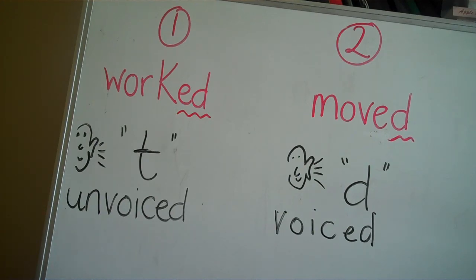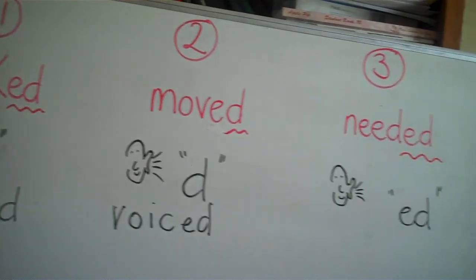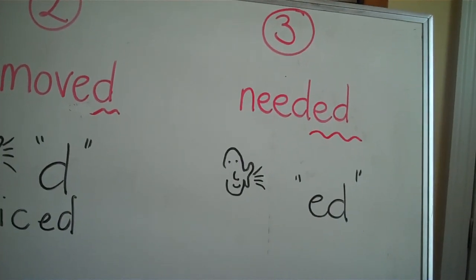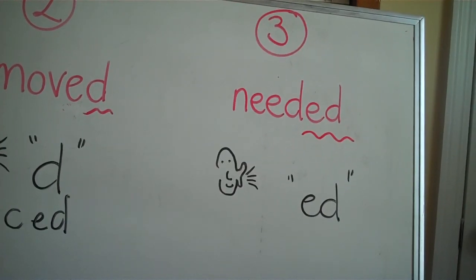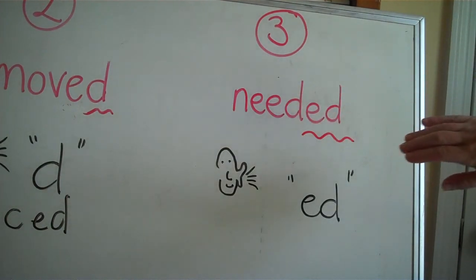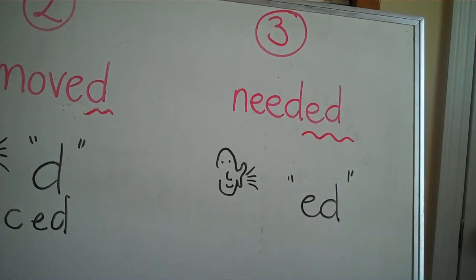Now let's look at our number 3. And we studied this a little bit before in our other lesson. Need. The verb is need. Past spelling needed. It's an ud sound. Needed. I can put another verb in that number 3 group.